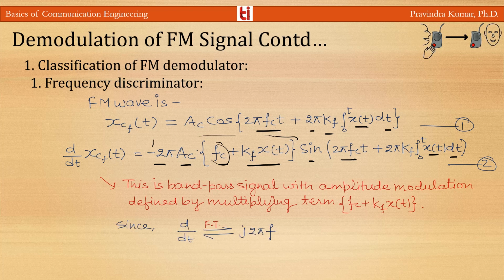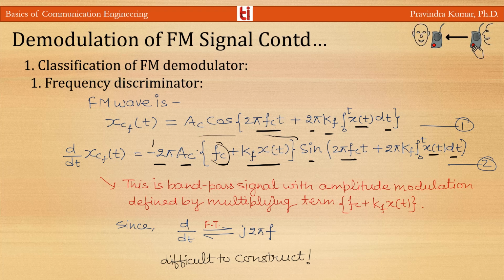This idea provides the motivation for the frequency discriminator, which is basically a demodulator that consists of a differentiator followed by an envelope detector. Since d/dt has the Fourier transform j2πf, in practice it is difficult to construct a circuit that has a transfer function equivalent to j2πf for all frequencies.